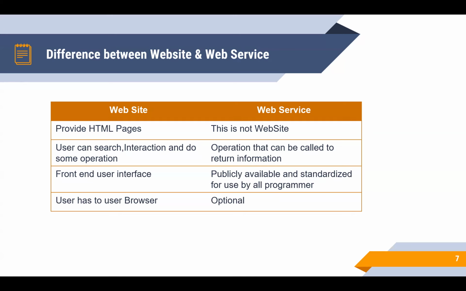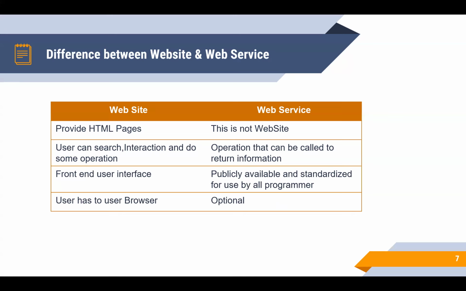This will give you information from the server. Whatever information you want to get from the server, this web service or GIS service can access it. That information you can then show on the website.